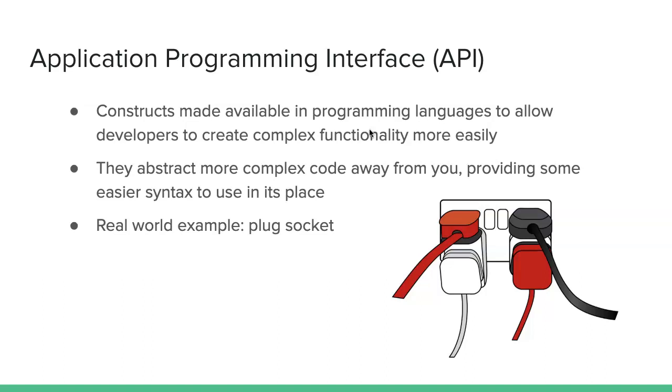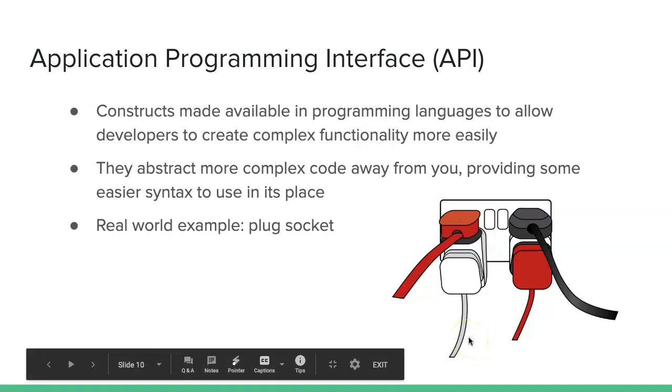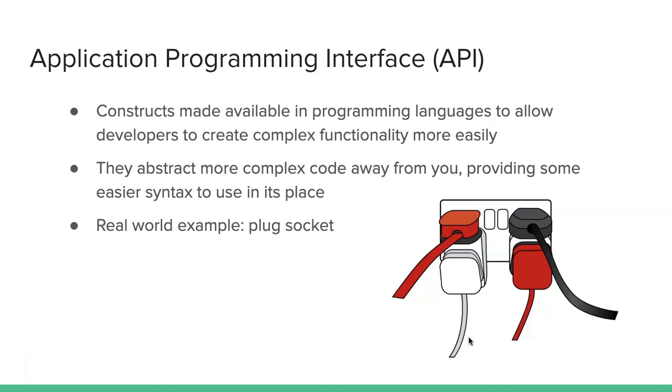APIs are simply a bunch of rules, usually documented, that you follow to consume their information. A good analogy, and there are a lot of analogies used to describe APIs, is your plug socket. When you go home to charge your laptop or your phone, you simply plug into your wall socket, and you don't have to worry about it, right?